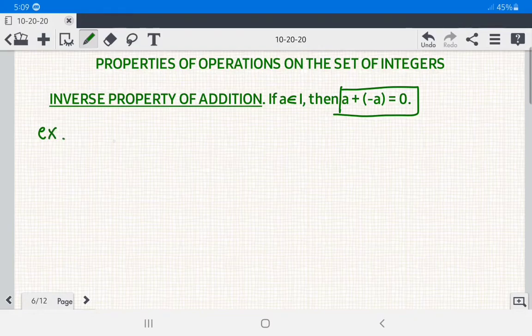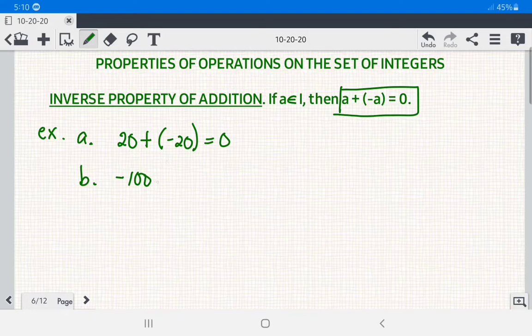Let's say we have 20 plus negative 20. This is equal to 0. Another example, let's say we have negative 100 plus 100. Of course, this is equal to 0. So that is the inverse property of addition. Okay?